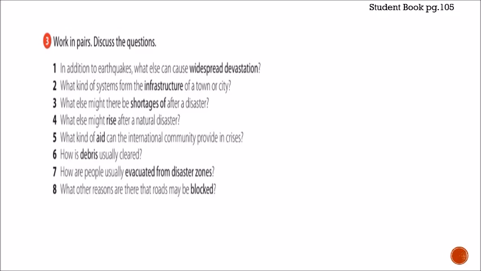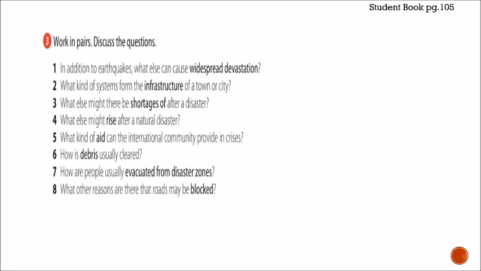We can donate basically things that are considered important, that are essential to live. Number 6, how is debris usually cleared? I have never seen a natural disaster. I have never experienced one, luckily, but probably with machines, right? That's the only way. But I don't know where they put all those things. It would be interesting to go ahead and look for this, right?